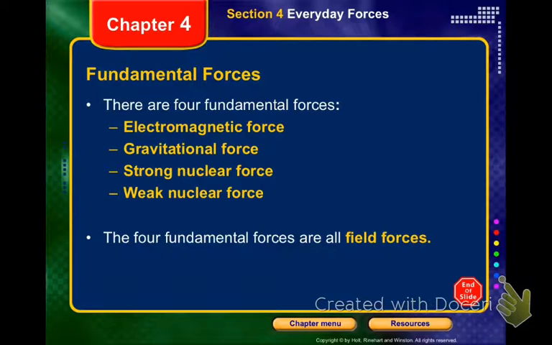This is some information that would have been in the book, but I'm going to give it to you now. These are microscopic interactions, and they do typically occur over large ranges.